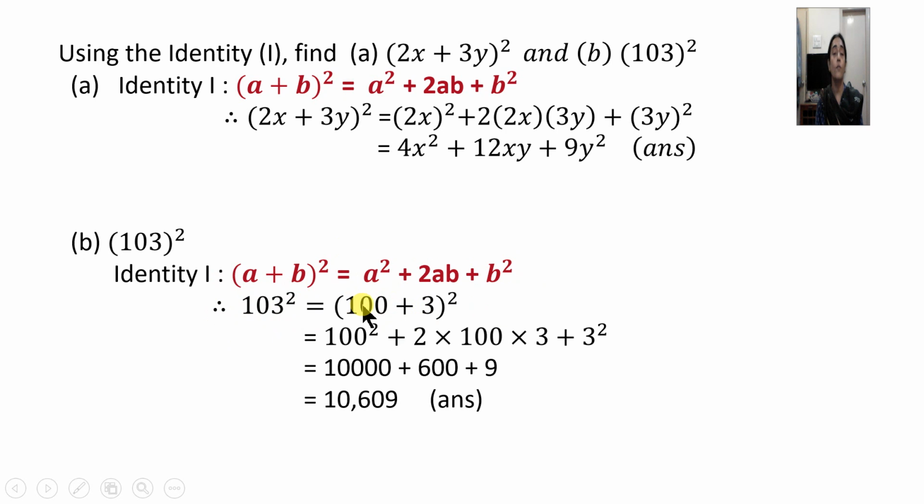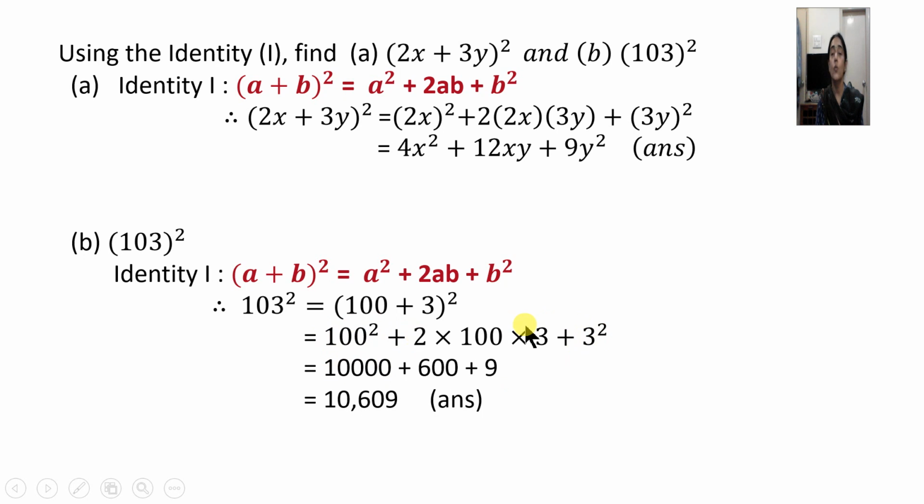So square of the first term 100 square plus 2 into first term, which is 100, into second term, which is 3, plus second term square, which is 3 square. So 100 square is 10,000. See how to write. Square of 1 is 1 and there are 2 zeros, so they become 4 zeros.